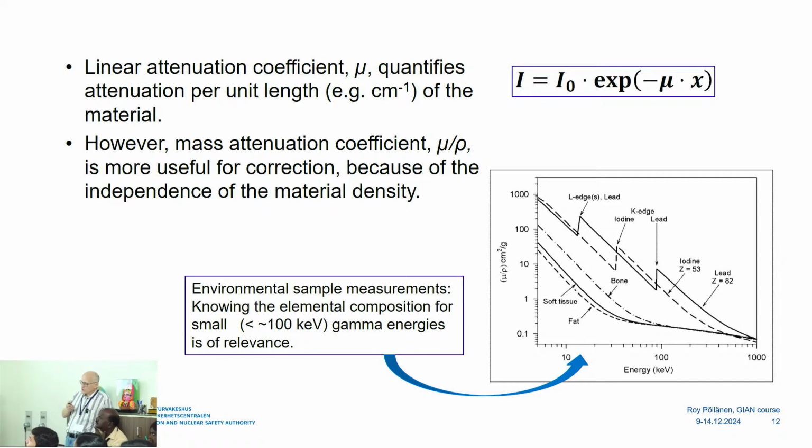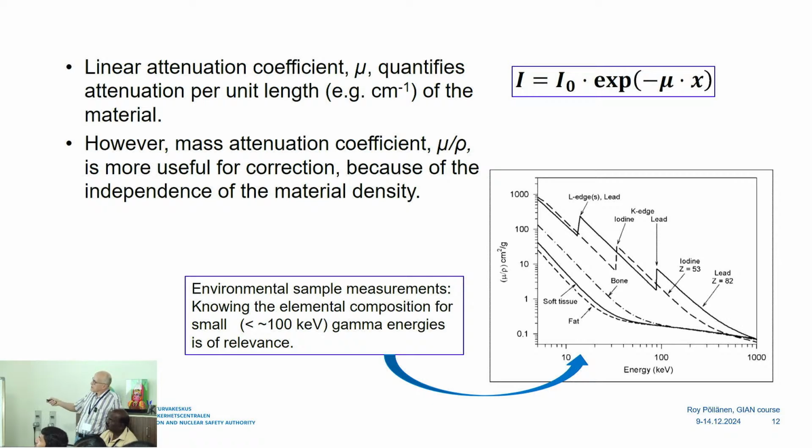There are two main concepts that deal with this area. Linear attenuation coefficient quantifies attenuation per unit length, for example, per centimeter or millimeter or whatever is the unit. However, mass attenuation coefficient is more useful because it is independent of the material density.